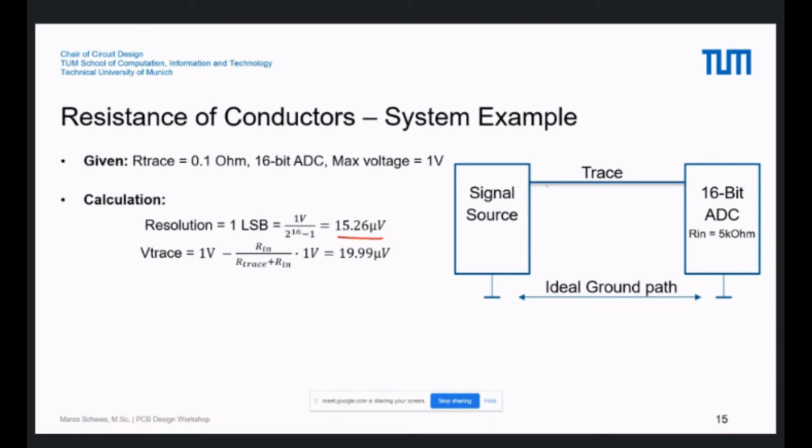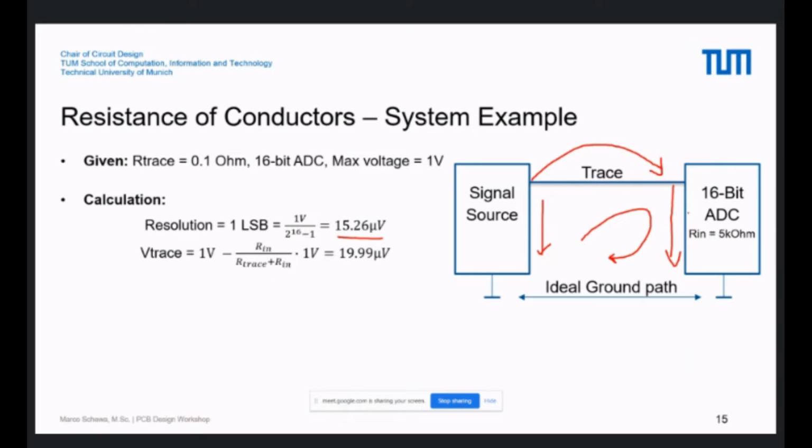So now we have to calculate the voltage drop over the trace. This is easy. We have here a voltage loop. That means 1 volt minus the voltage divider here. Then we have the voltage drop over the trace.